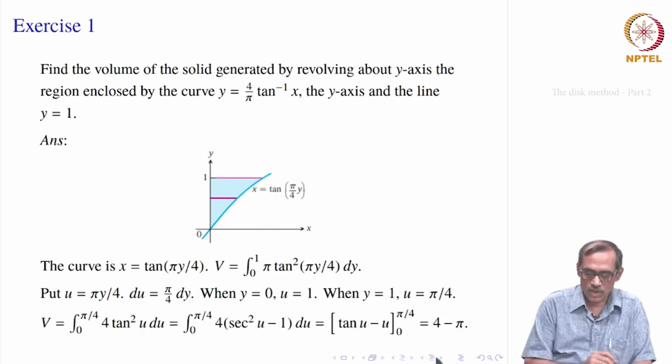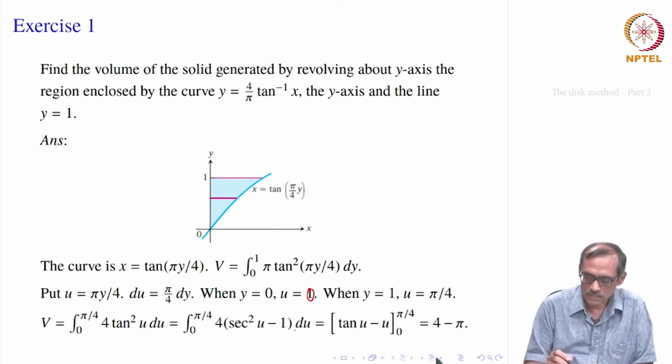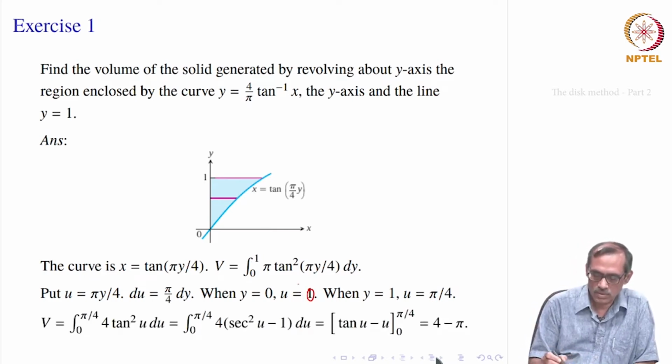Fine. So, our volume will be equal to, in terms of u, the integral from 0 to pi by 4 of pi times dy. So, dy becomes 4 du over pi, so pi cancels. So, we have 4 du, and this is tan square u. Okay.